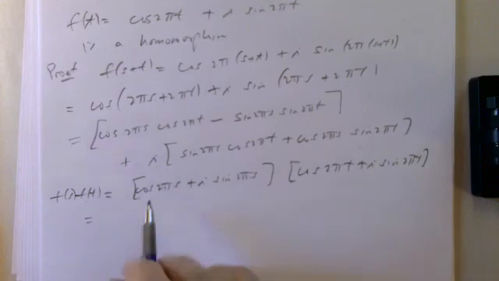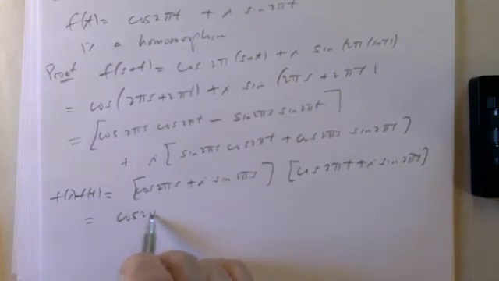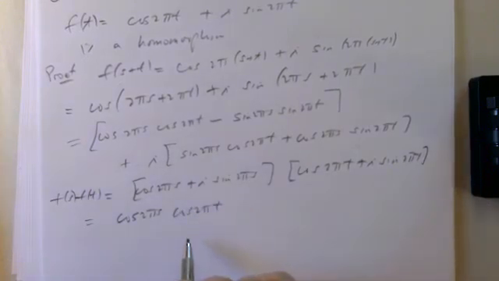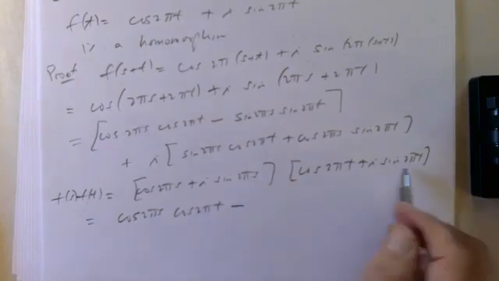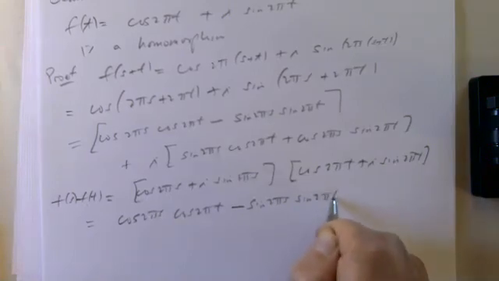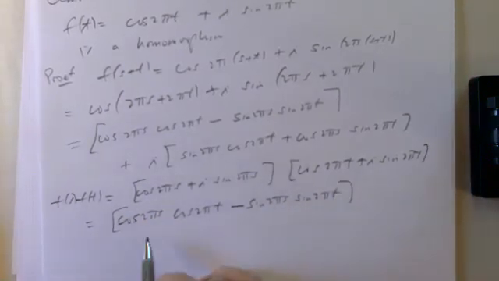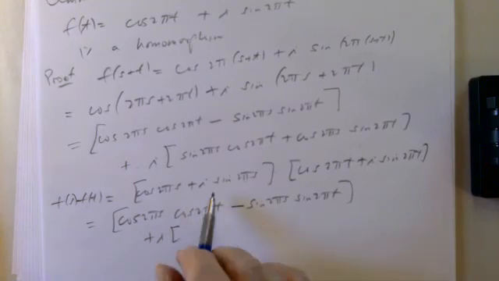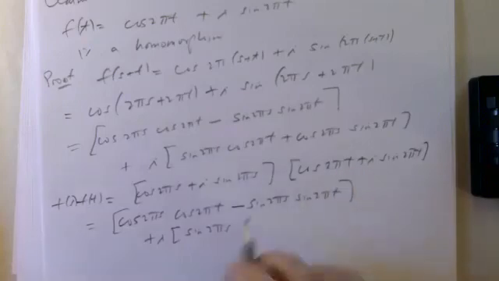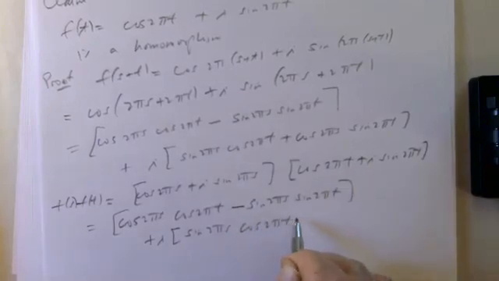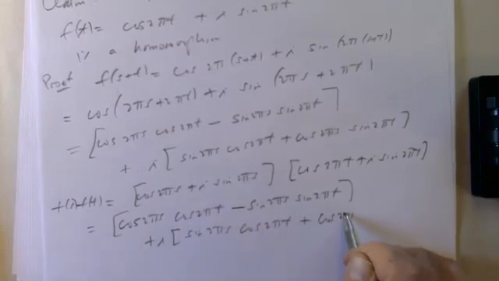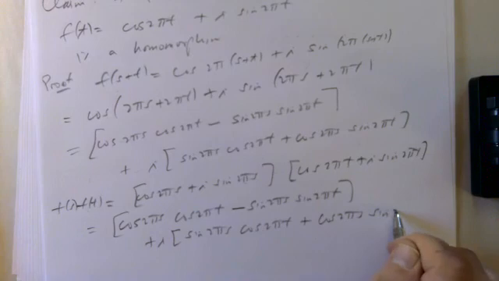And you multiply complex numbers: this is cosine of 2 pi s cosine of 2 pi t minus this times this, sine of 2 pi s sine of 2 pi t, plus i times sine of 2 pi s cosine 2 pi t plus cosine of 2 pi s sine of 2 pi t.